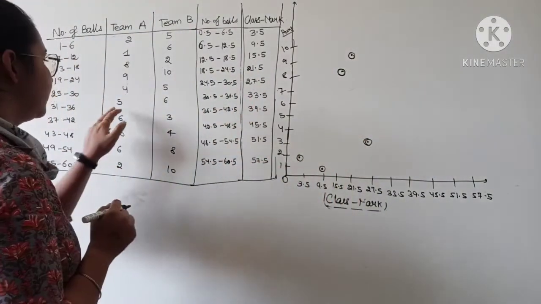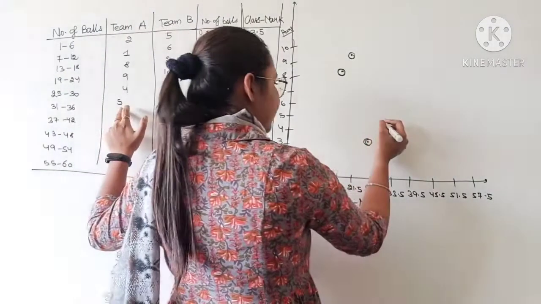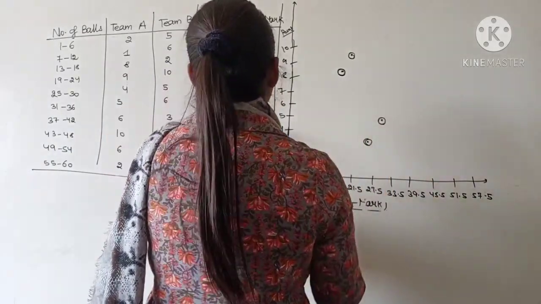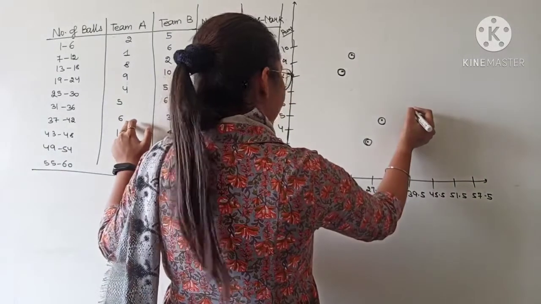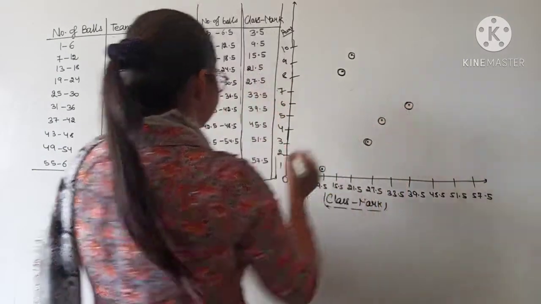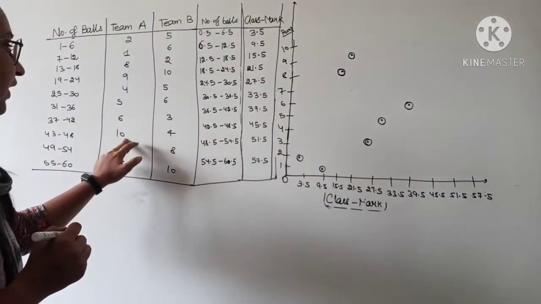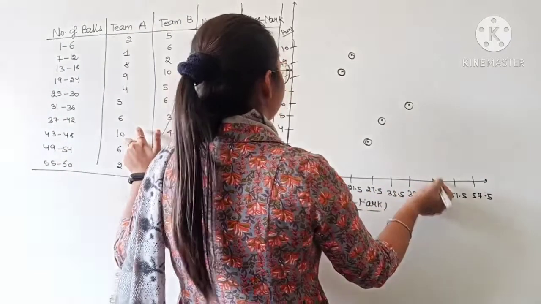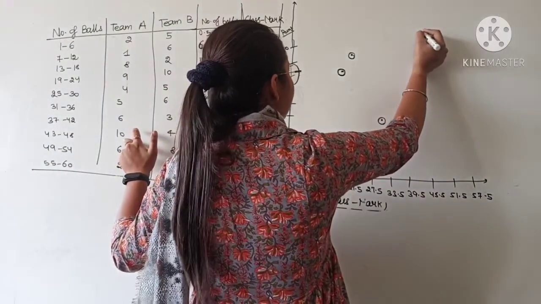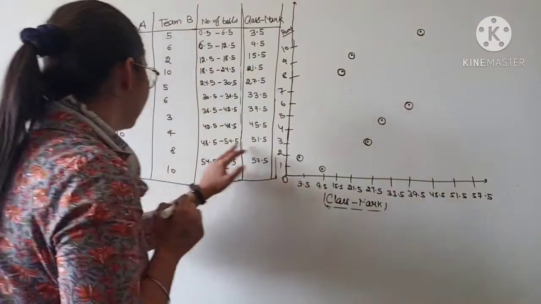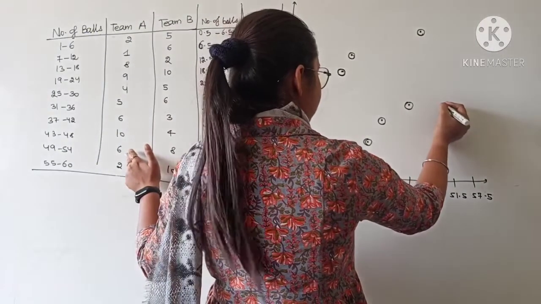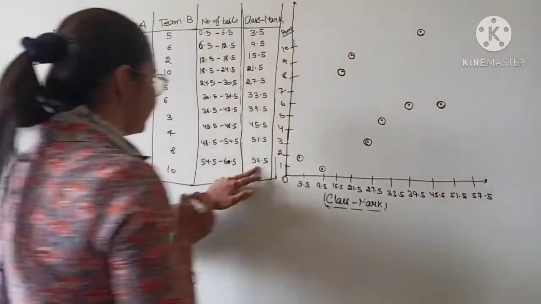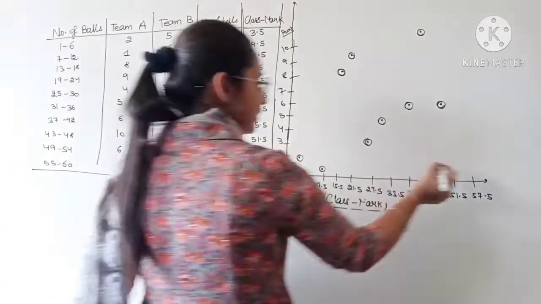Next is 33.5 with 5. Then 39.5 comma 6. Then 45.5 comma 10, 45.5 with frequency 10. Then 51.5 with frequency 6. And last is 57.5 with frequency 2.